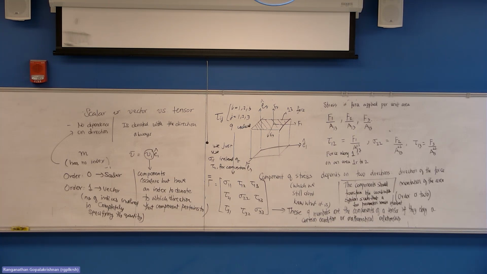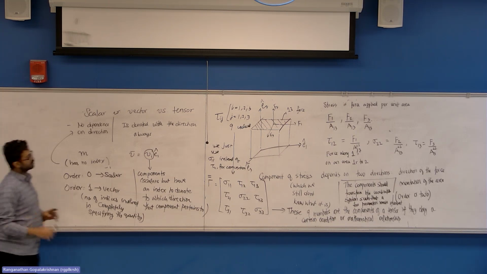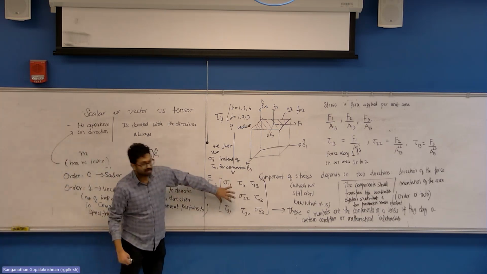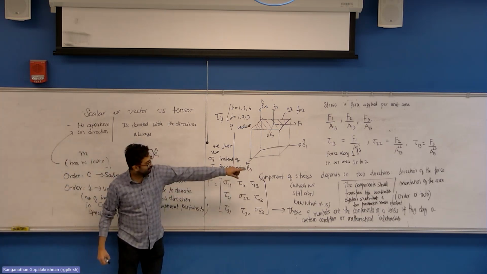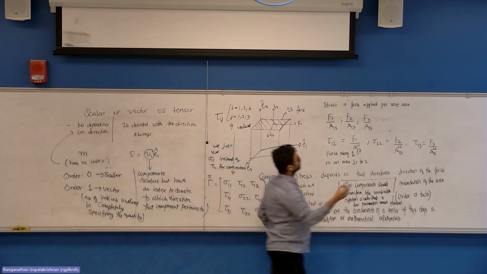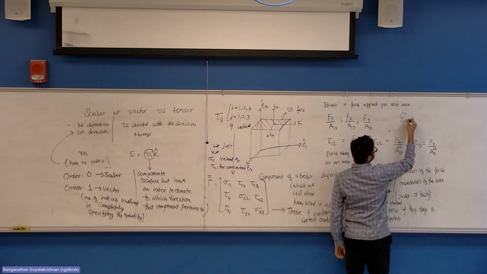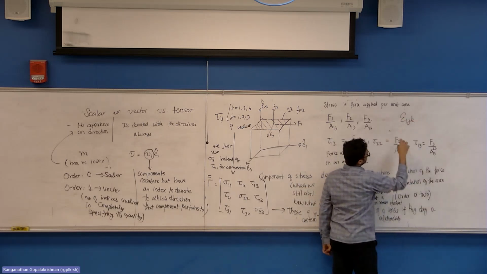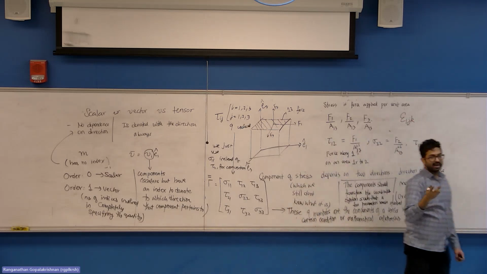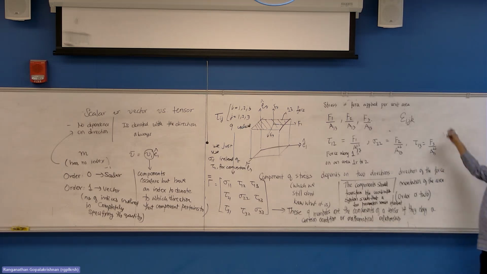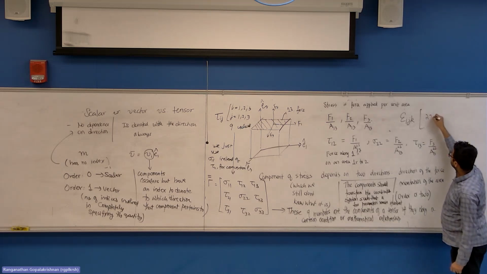The second important thing to remember is that any 9 numbers cannot just arbitrarily form a tensor. Suppose you have a tensor that depends on 3 directions, i, j, k, and i, j, and k independently can take 1, 2, or 3, which means this will have 27 components.